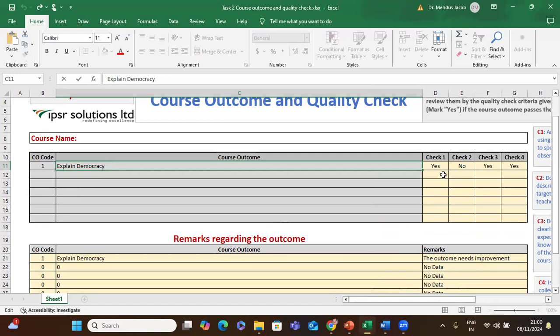In the OBE philosophy, continuous improvement should be there, so that also you can connect with accreditation. This is an analysis you have done regarding your course outcomes, and if you are convinced that you need to redefine them, next year you have to redesign them.